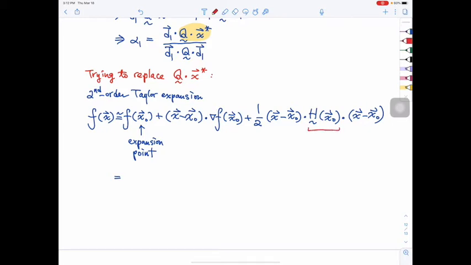We just consider H as our Q. Nobody says the Hessian must be our Q, but let's try to consider H as our Q. So what else? Over here, let's look at this part.